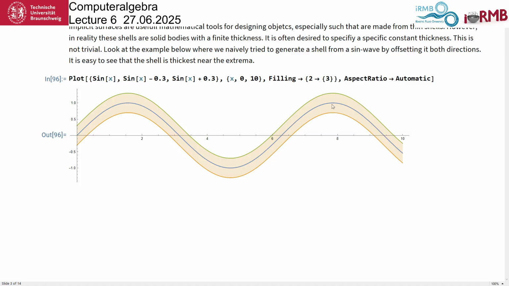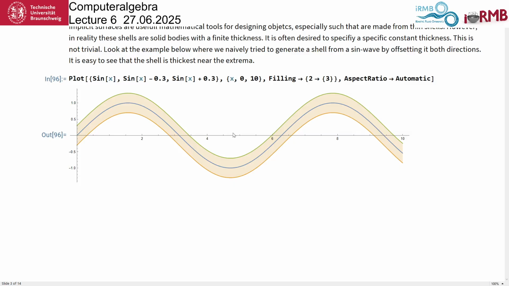But in addition to this, you also make it thicker here. So this thing would not break in this position, obviously. But in the position where it's actually weak, you make it thin.